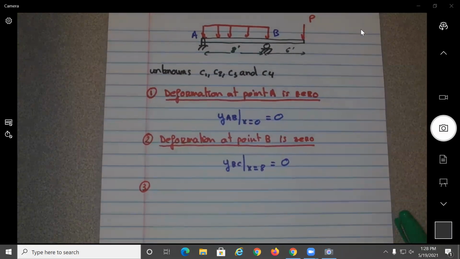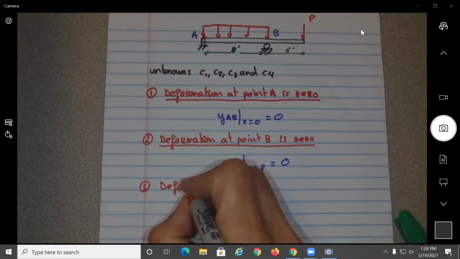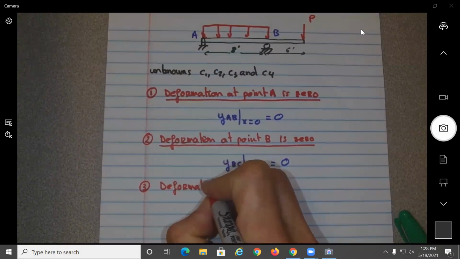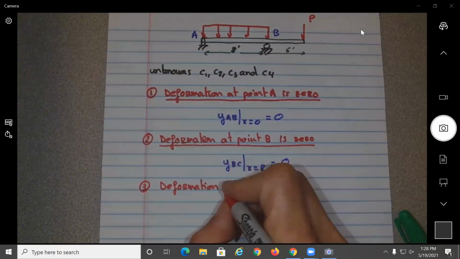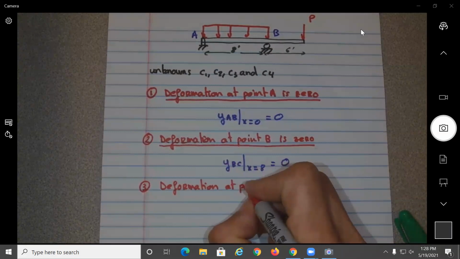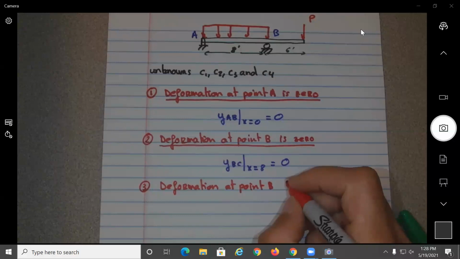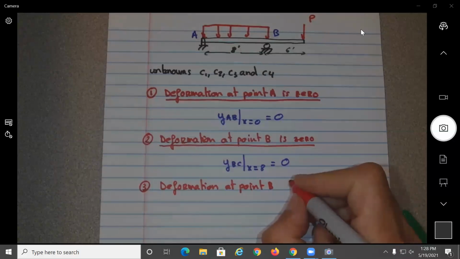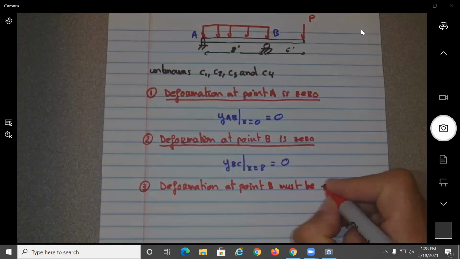Okay, so condition 3 will be the deformation at point B must be equal.